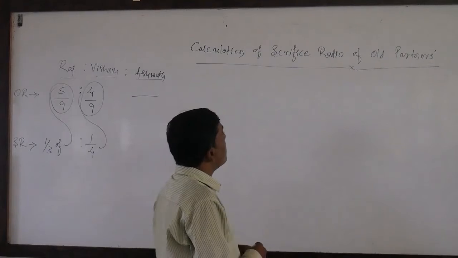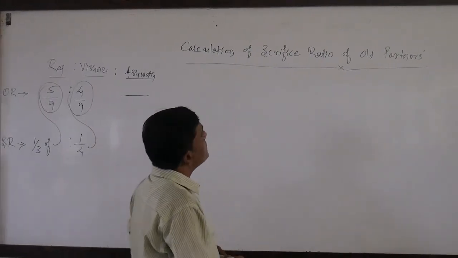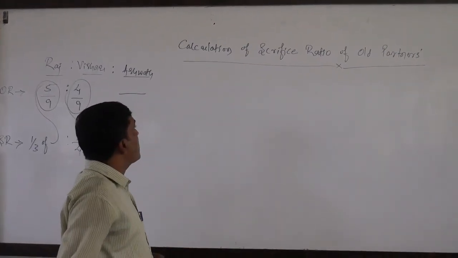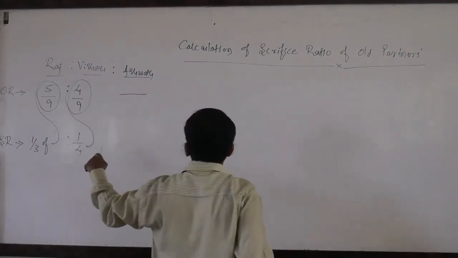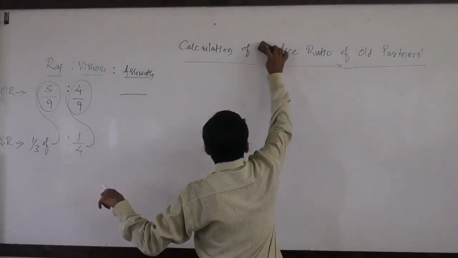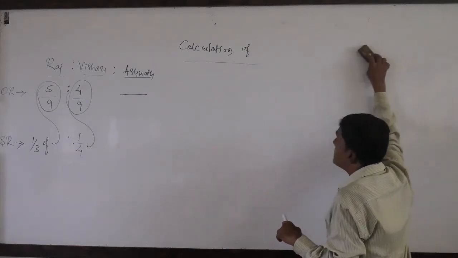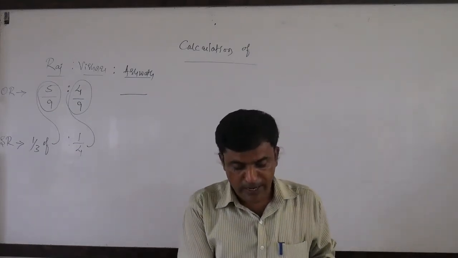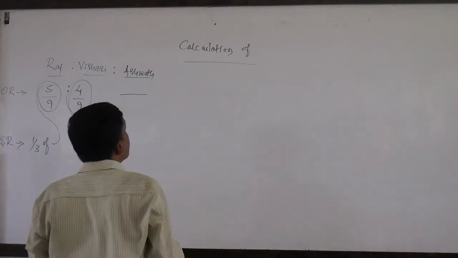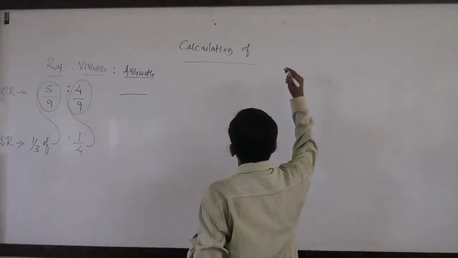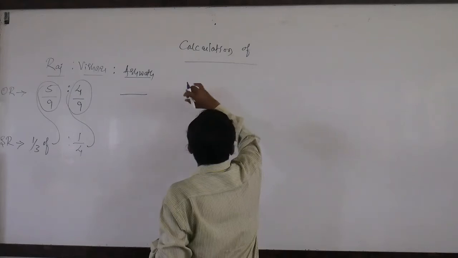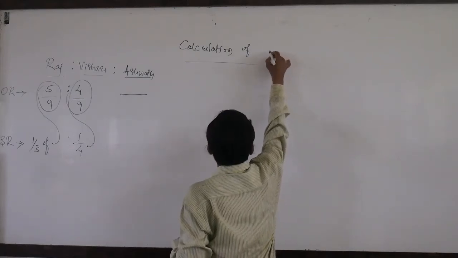So while calculating the sacrifice ratio, in this circumstance we need to find out the actual portion surrendered by the old partners.